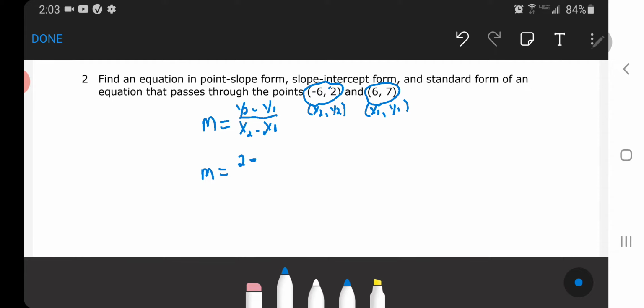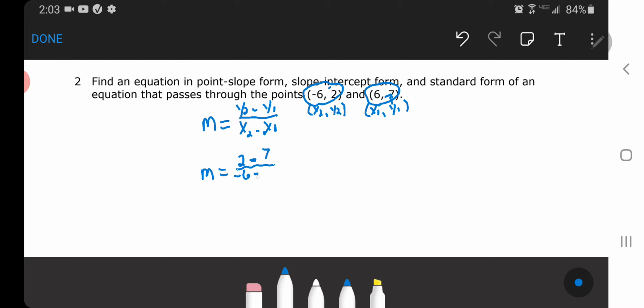Minus, follow the formula, y1. And y1 we named as 7, so 7. Over my x2 I named as a -6, so -6. And of course minus my x1, which I named as 6. So 6.